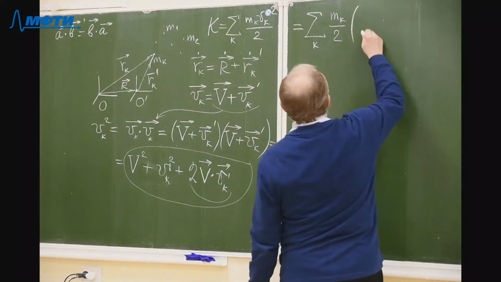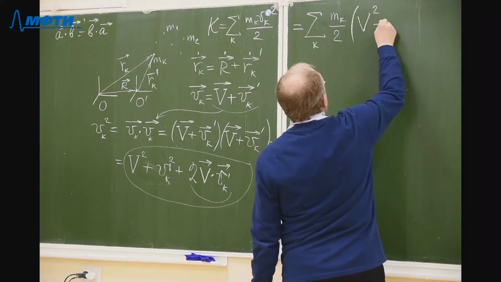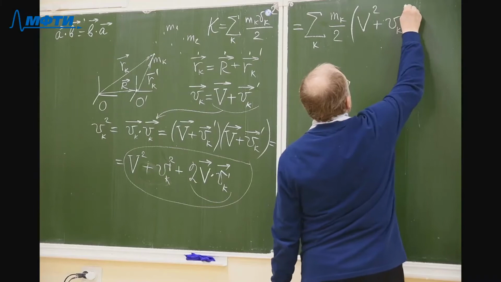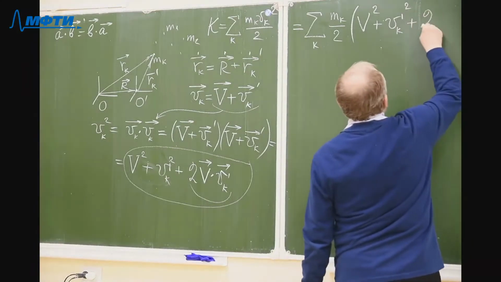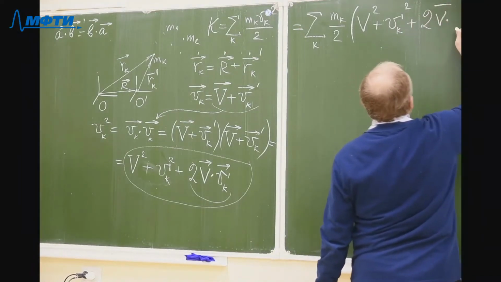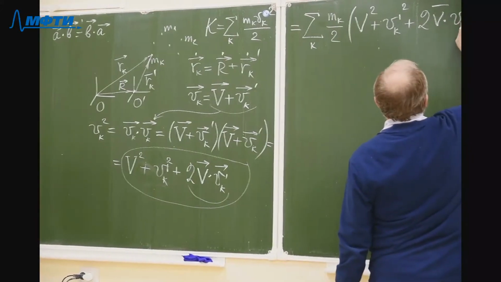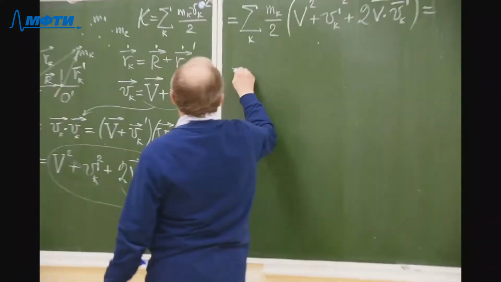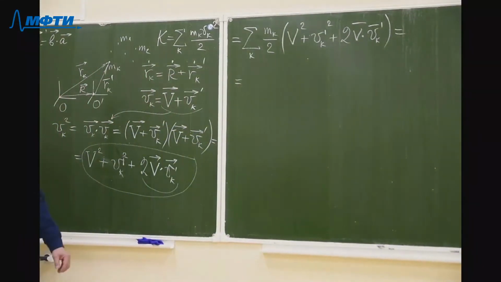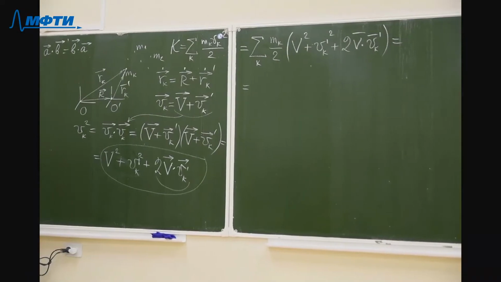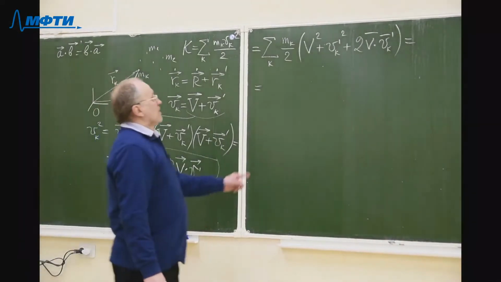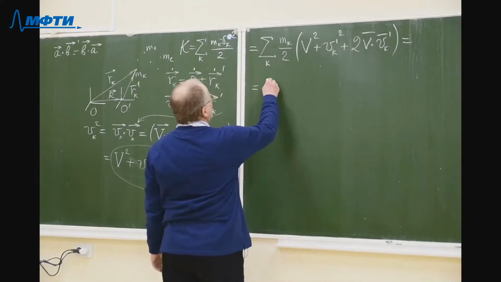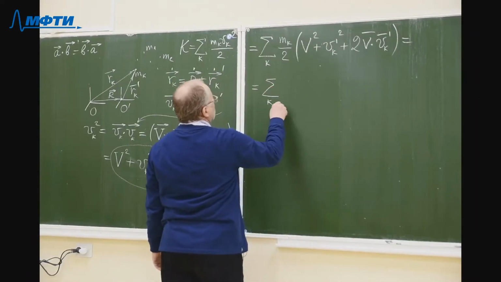So that will give me capital V squared plus vk prime squared plus 2 capital V scalar product by Vk prime. So if I open these round brackets, I will obtain the following expression.